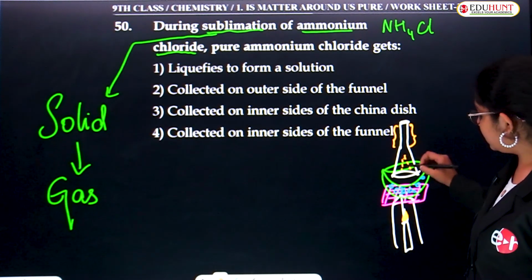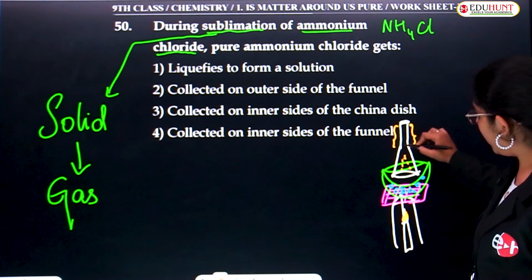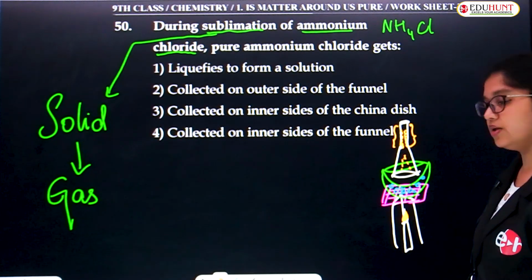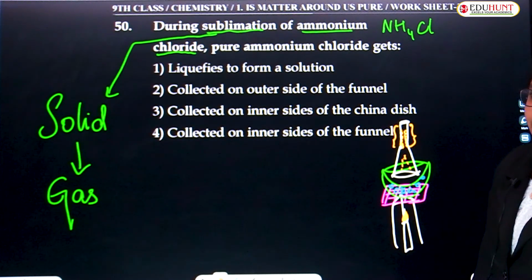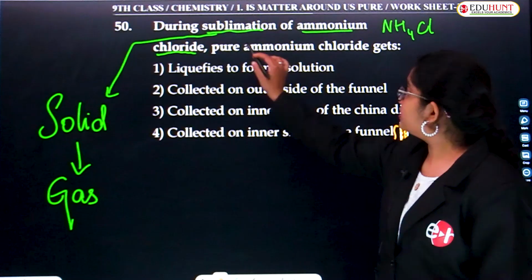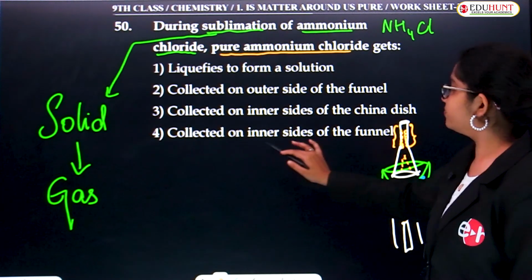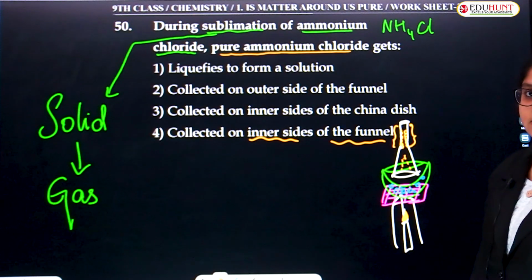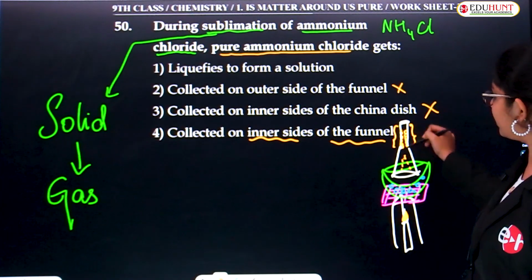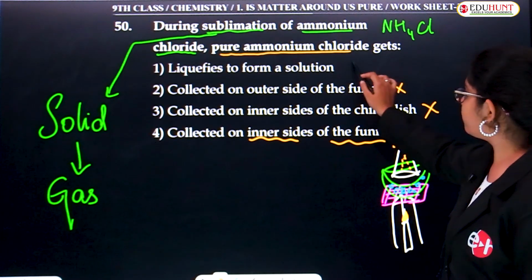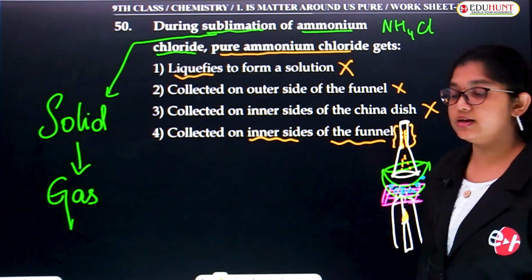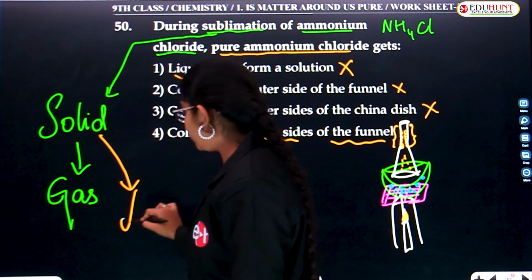The subliming particles attach to the inner sides of the walls of the funnel. Then we can take out the pure ammonium chloride. So this is how the experiment goes, and here we collect the pure ammonium chloride on the inner sides of the funnel. Not the inner side of the china dish, not the outer side of the funnel. How can we collect outside the funnel? And not the liquefaction form. There is no liquefaction. Liquefaction is what, children? The liquid state, no? But is it going from solid to liquid state?